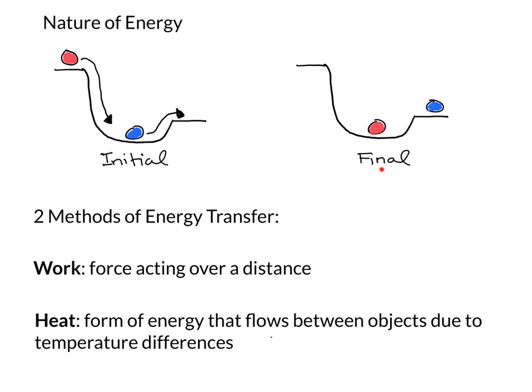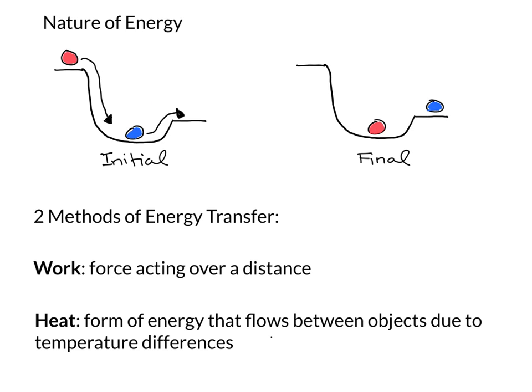The final resting state of the red and blue ball is seen here in this model. Notice that our blue ball is now in a more elevated position than it originally was. It's no longer moving, but it now has more potential energy than it had in its initial position.